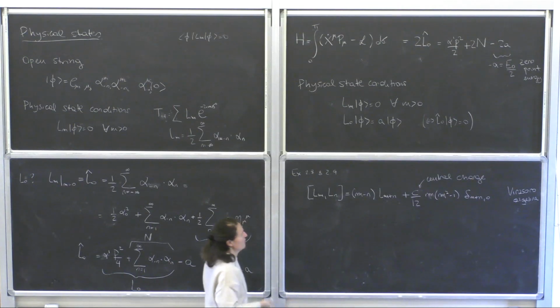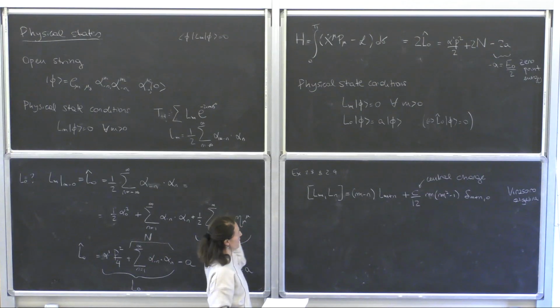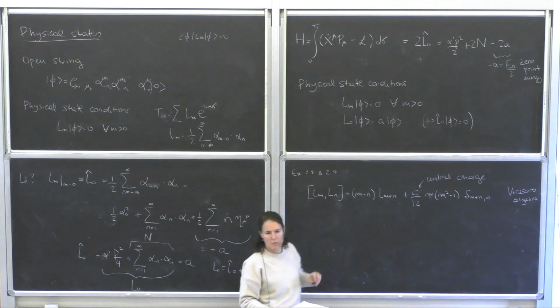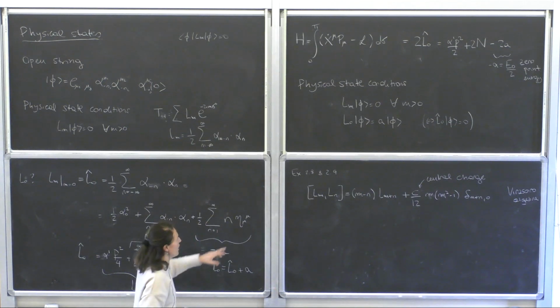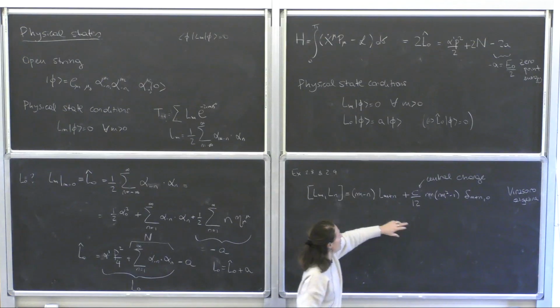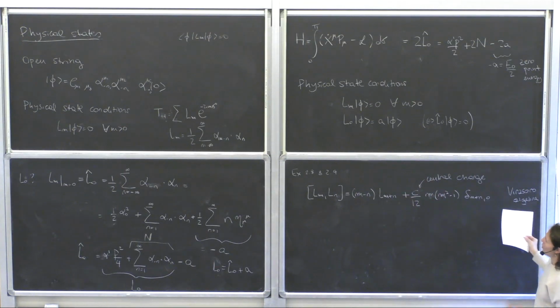And it's called the central charge because the usual form of an algebra is commutator of operator and operator equals operator. But here you have commutator of operator, operator equals operator plus something times the identity operator.